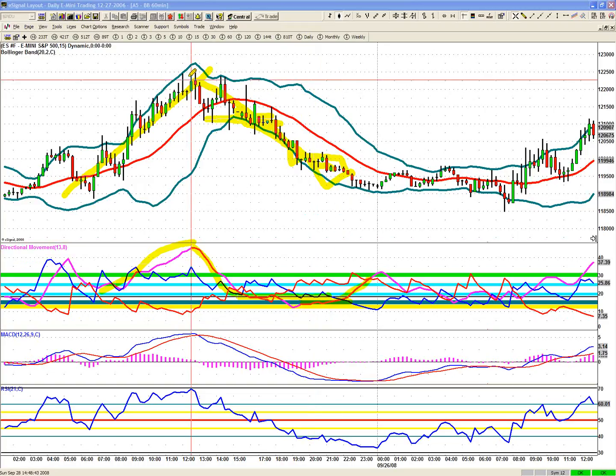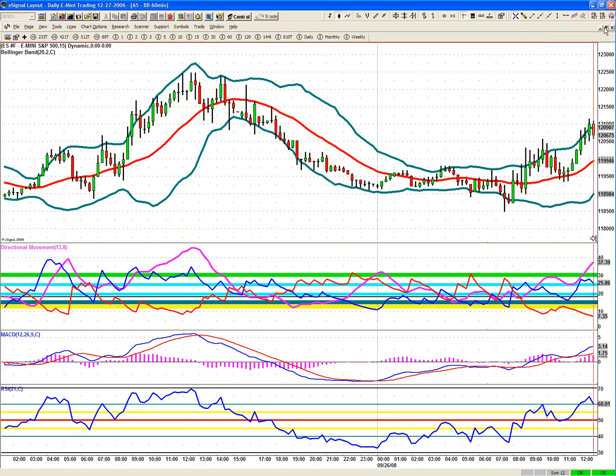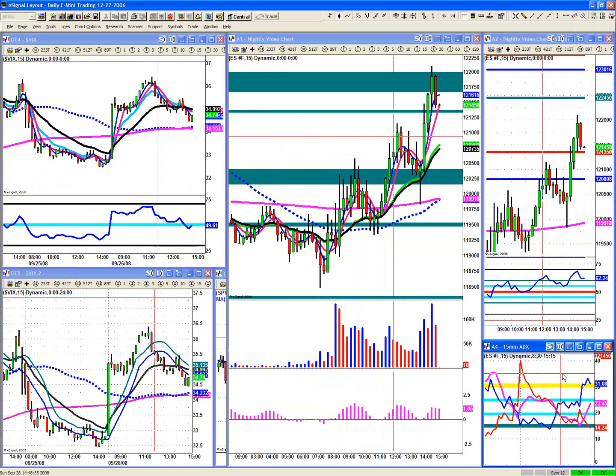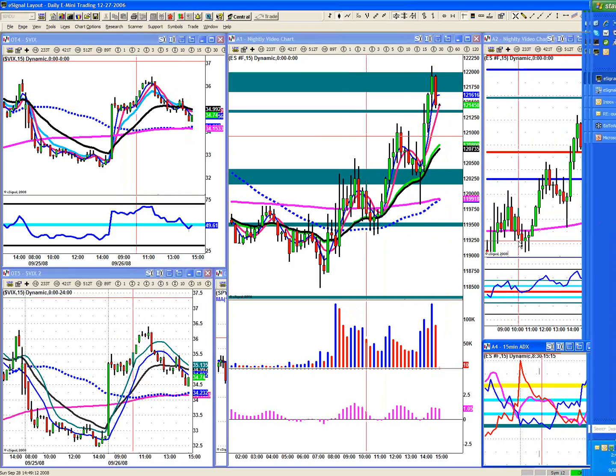The ADX is more sensitive in regular trading hours than it is in overnight trading hours, hence why you see on my trading charts that I have the regular trading hours session on my ADX chart, because then it's more sensitive. It takes out all the stuff that was sloppy in overnight trading and just focuses on actual trading activity. Okay, Todd?